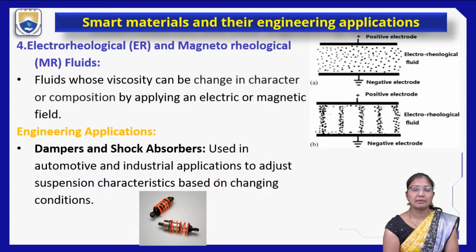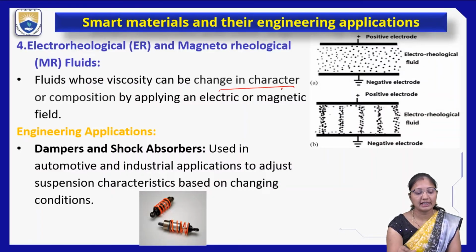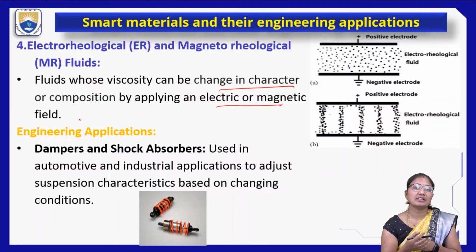And the next smart materials are electrorheological or magnetorheological fluids. These are fluids whose viscosity can be changed in character or composition by applying an electric or magnetic field. So these fluids change in viscosity according to the application of an electric or magnetic field.